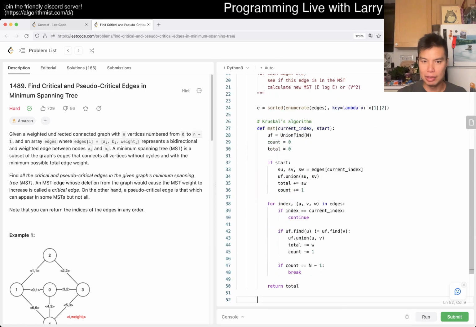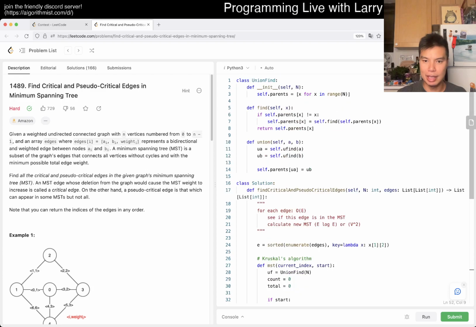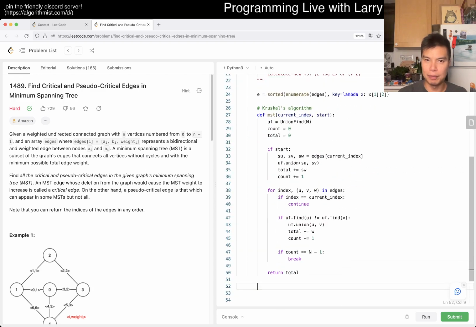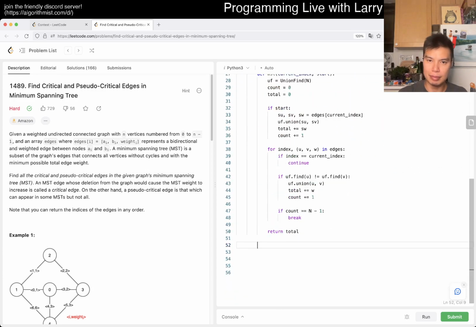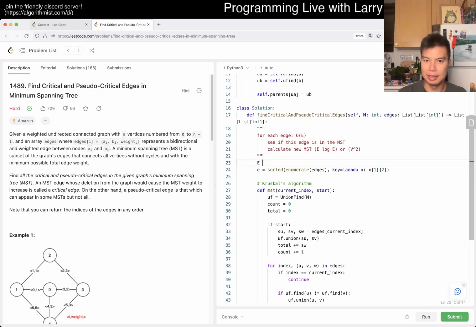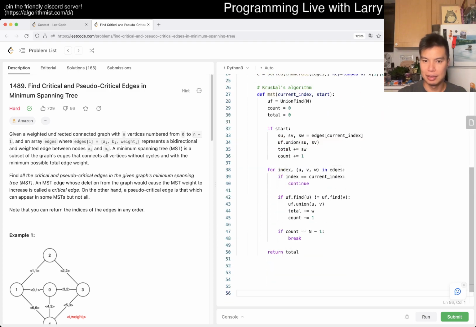Now we just have to do it for every edge as we said. So I should have a big E, I suppose. E is a good length of edges. So for i in range of E, what do I need first actually?